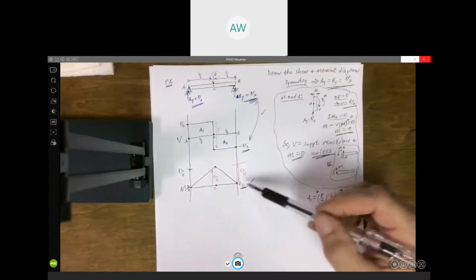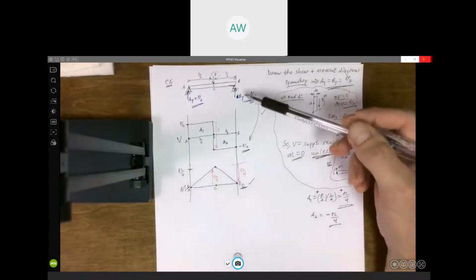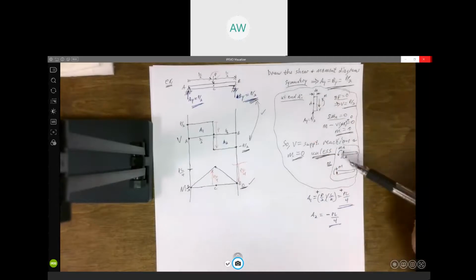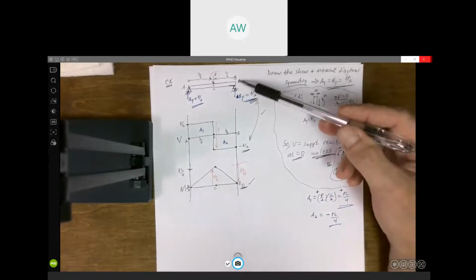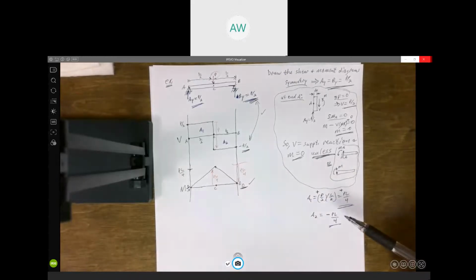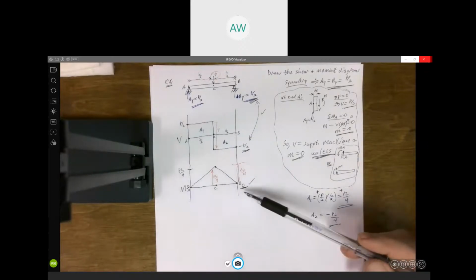Because I know the moment's got to be 0 at this end of the beam. Because it's just a roller there. There is no fixed support. There is no applied moment. So I know the moment's got to be 0 at both ends of this beam. Now, sometimes I'll see students where they do, two wrongs make a right, and you'll make a mistake, and you'll make another mistake, and you wind up in the right place.